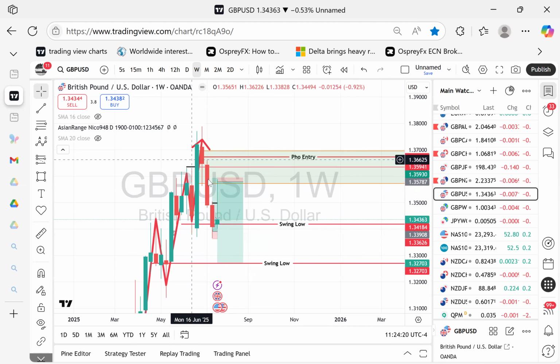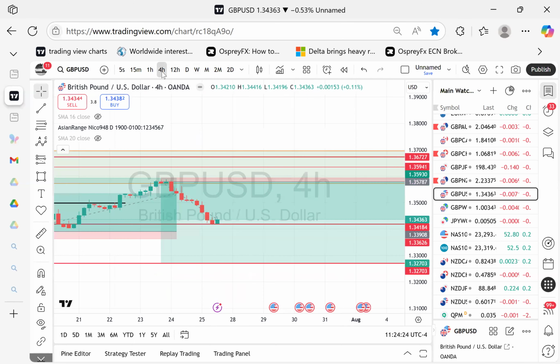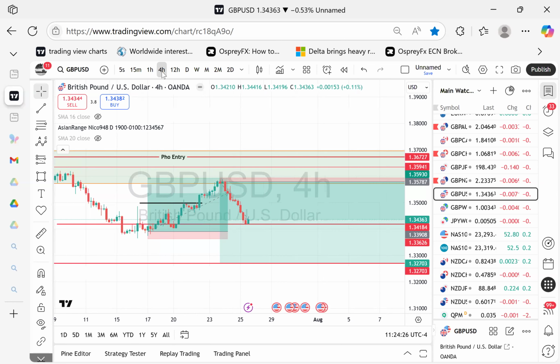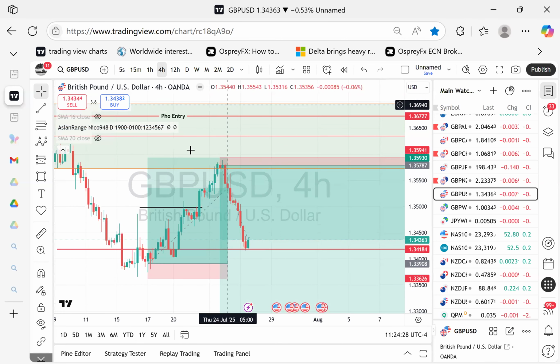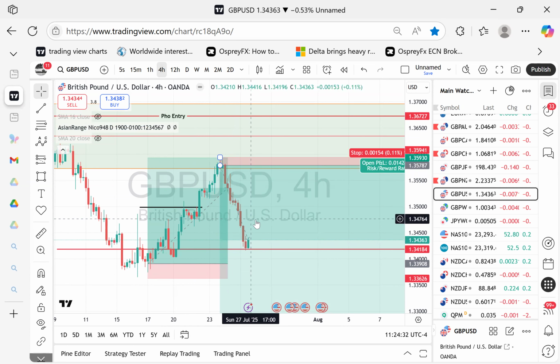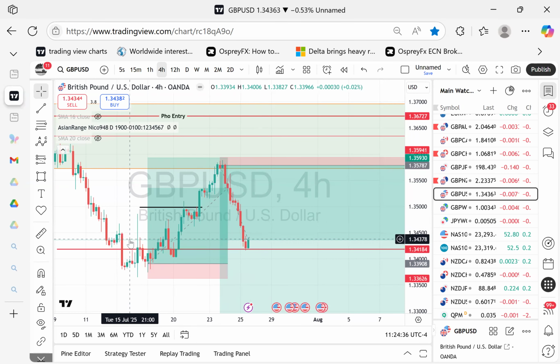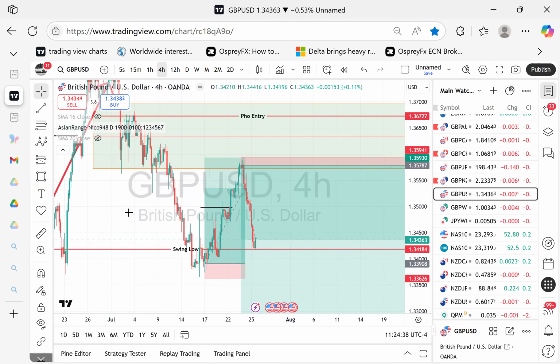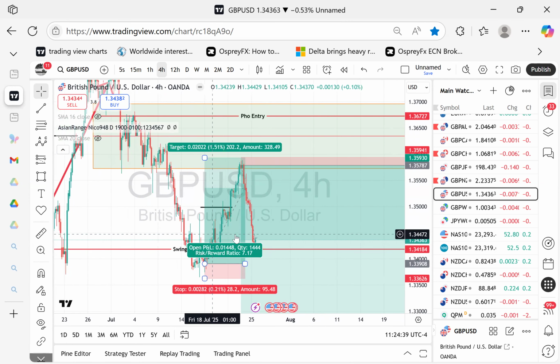So even on this 4-hour chart, and I wouldn't try to track a swing trade on a 4-hour chart, but we got a 4-hour chart. This is probably going to buy up, closes imbalance before it sells further. But on a 4-hour chart, you will wait until you have a change of character, right?